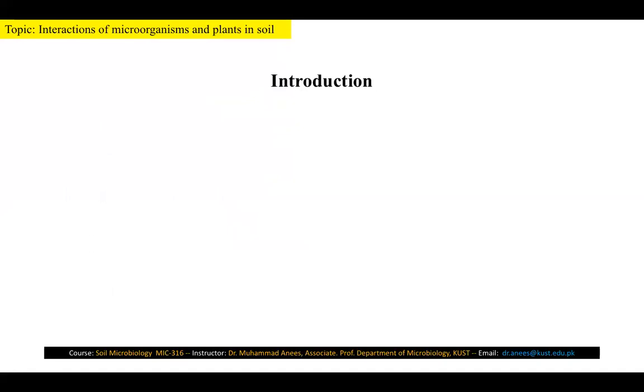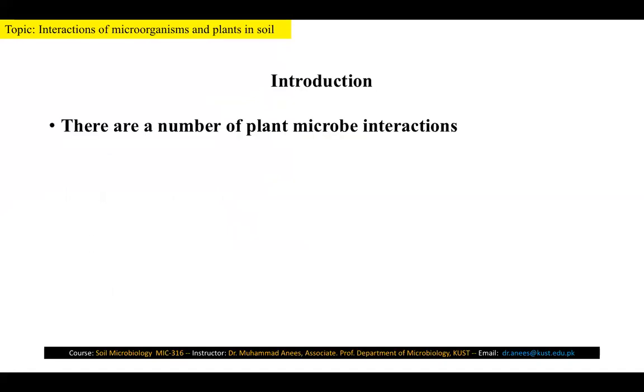Now, starting with the introduction, there are a number of plant microbe interactions. As we have already discussed in the outline, if we categorize these interactions, we can say that there are basically two types of interactions.